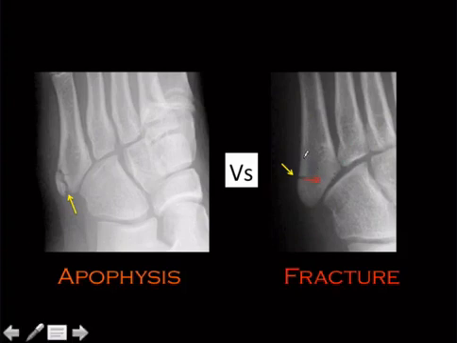Okay? Fractures are directed towards the joint. Remember, you can have them at different areas here, versus the apophysis, which is directed away from the joint. So apophysis, away from the joint; fractures go towards the joint.